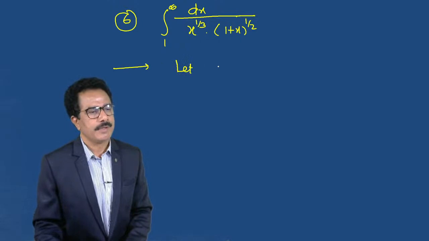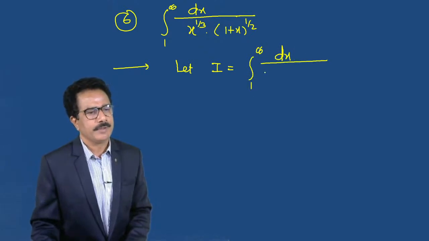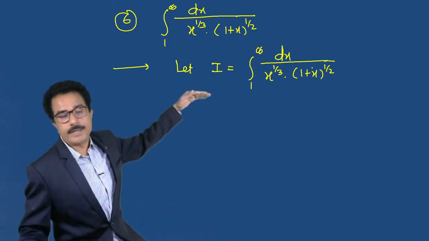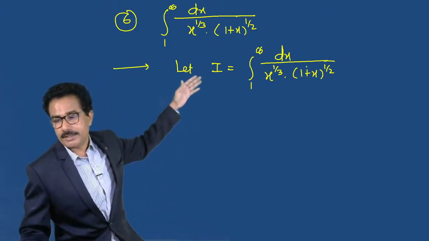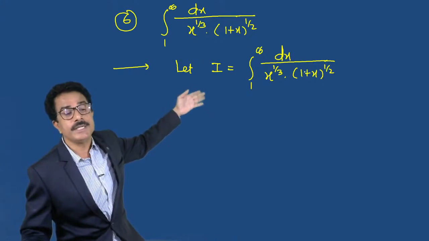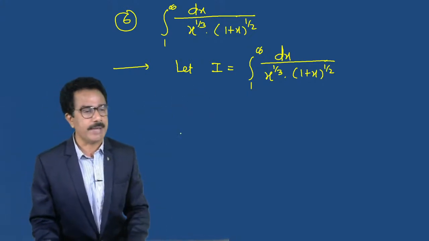Let I be equal to integral from 1 to infinity dx divided by x raised to 1 by 3 into 1 plus x raised to 1 by 2. Student, now you tell me whether it is convergent or divergent. If it is divergent, tell me at which end it is divergent.